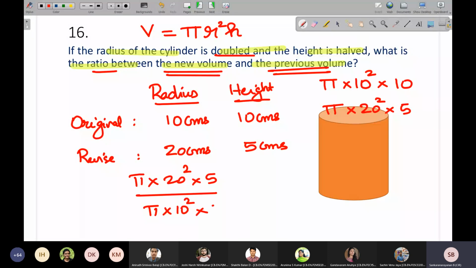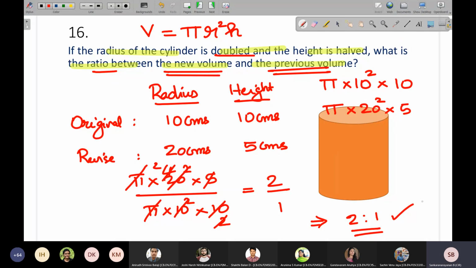Cancel the pi, and 20 square by 10 square is equal to 4. This goes here 2 times and this goes here 2 times. So finally it will come to 2 by 1. So the revised volume to original volume comes to 2:1, and that will be the answer for our question here.